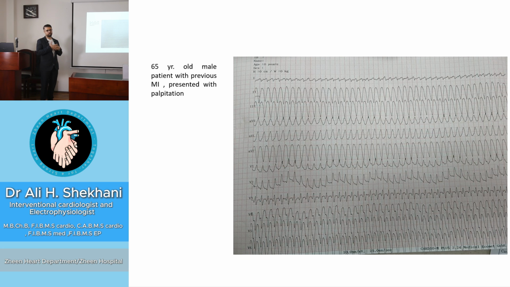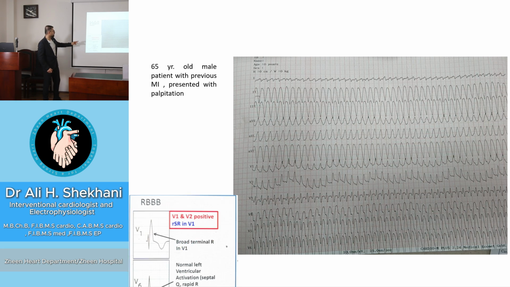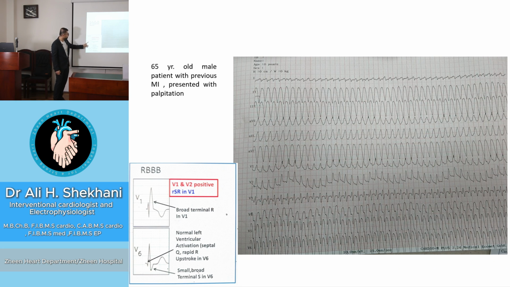The patient has previous MI, and the ECG has right bundle branch block morphology, but it is quite atypical. In a typical right bundle, the first deflection is small and the second deflection is large, but this patient has a monomorphic R, and there is QS in V5, V6.